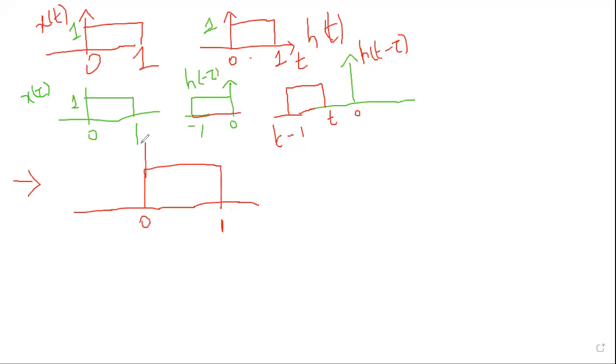This is my x of t, and the next one is t minus 1 to t. I will just take a different color. Since the time interval for both is 1 and 1 only, when I do the shifting, when I do the overlapping, I can see I will get the overlapped signal like this.